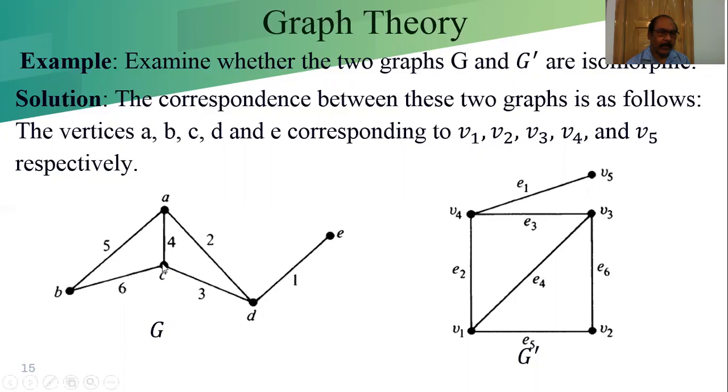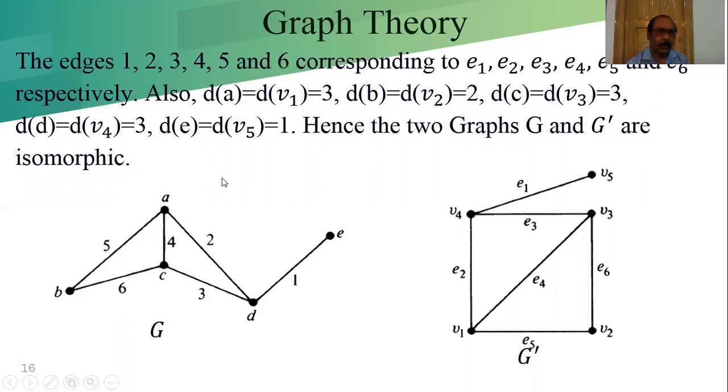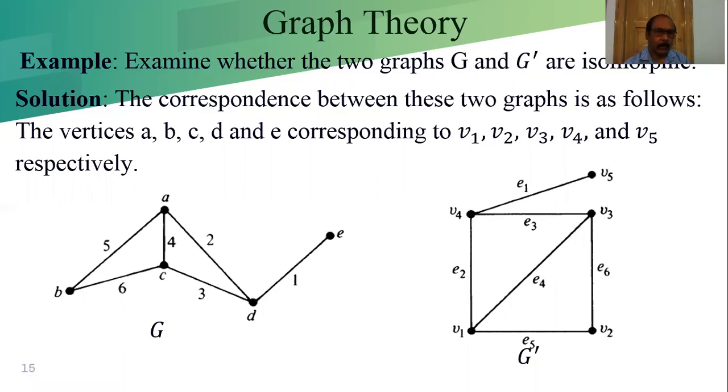If we pull it like that, suppose, if we pull it like that here, and if we check it, D must correspond with V4. Obviously, D corresponds with V4.